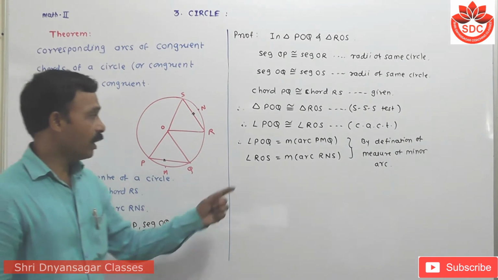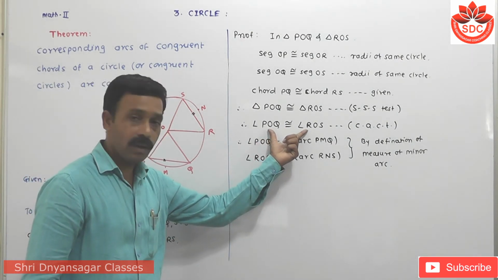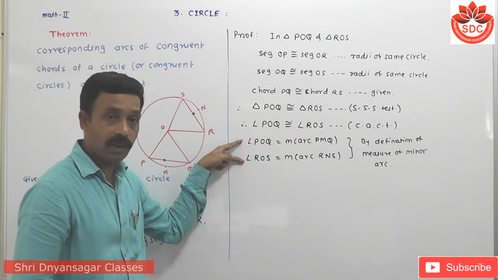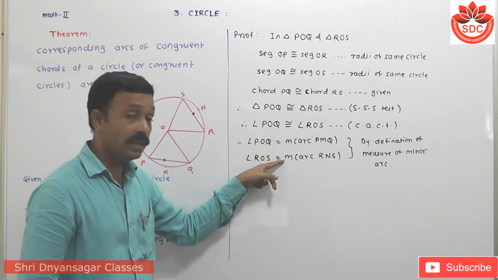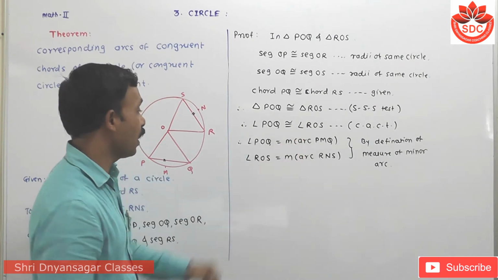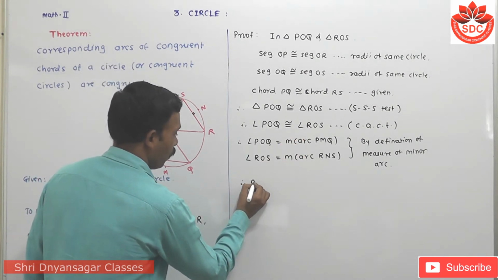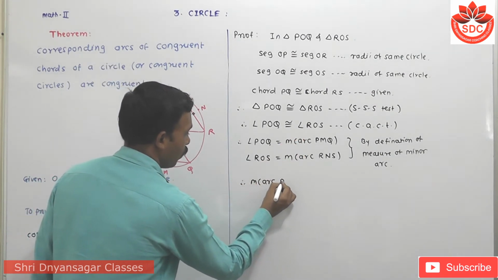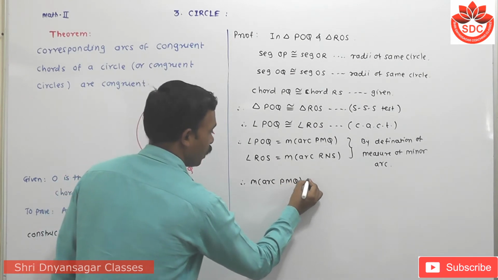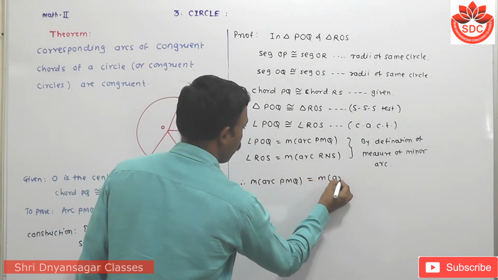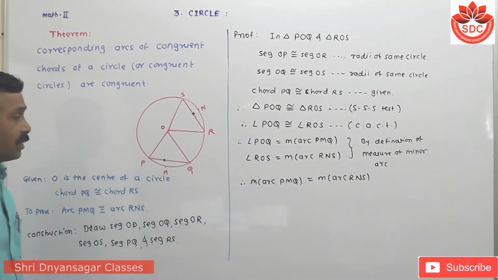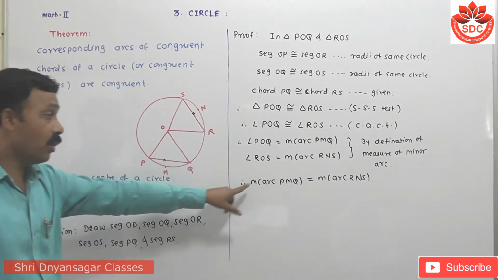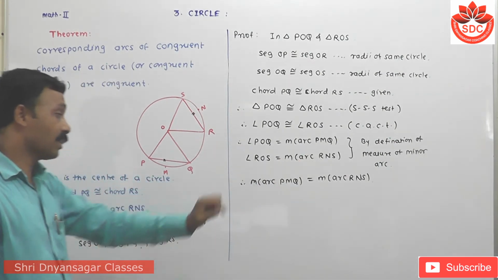Look carefully, these two angles are congruent, meaning these angles are also congruent, meaning correspondence is also congruent, but measures are always equal, so these measures are equal. Therefore measure of arc PMQ is equal to measure of arc RNS. Meaning the measures of arcs are equal, meaning the arcs are congruent.